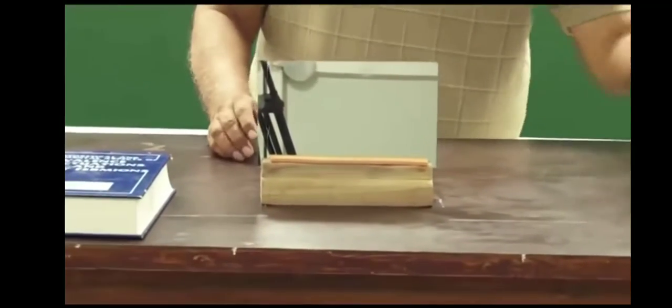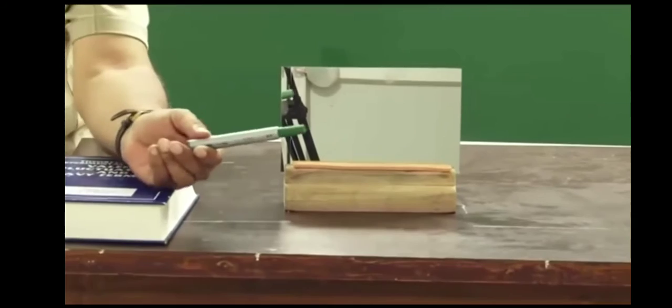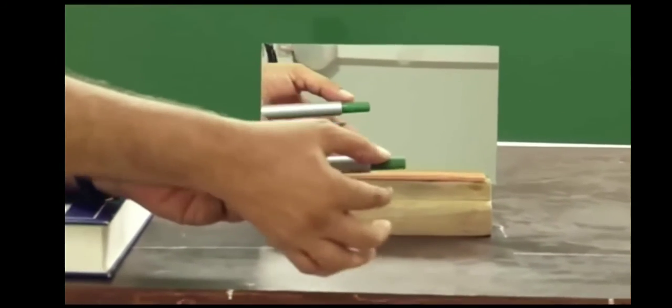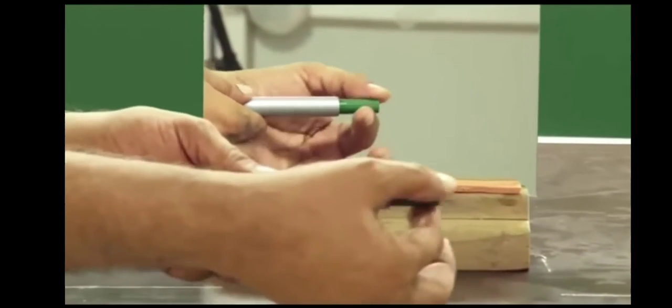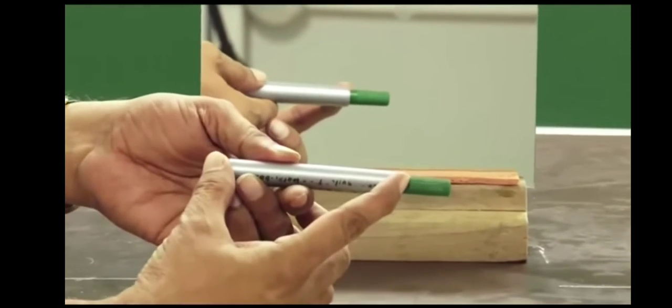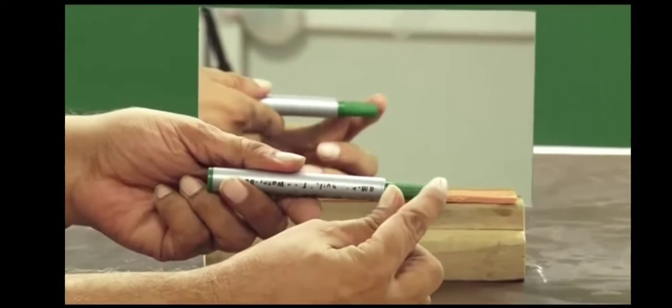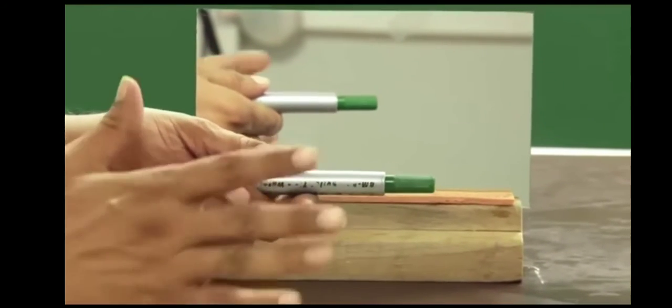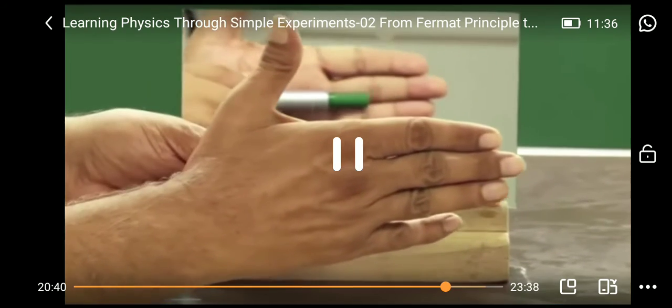Okay. To substantiate this point, I again bring this mirror here, and let me take an object which is a pen with this green tip here. This is the main body of the pen, and then you have some green portion here. Now in this room, this side is north.